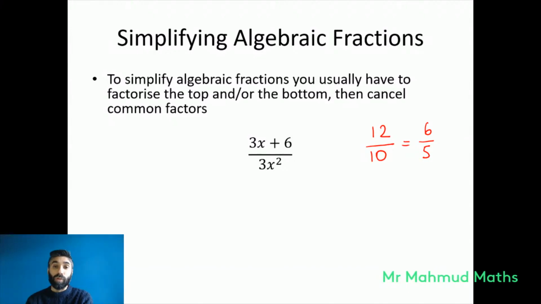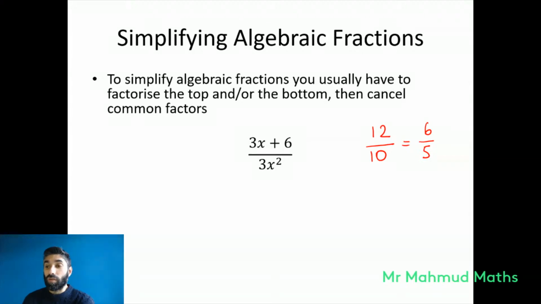But sometimes that will involve factorizing, simplifying, and then finding common terms and cancelling them out, just like a normal fraction. So let's have a look at this one. 3x plus 6 over 3x squared. If you notice, we can factorize the top expression. The bottom one, there's nothing that we can do.